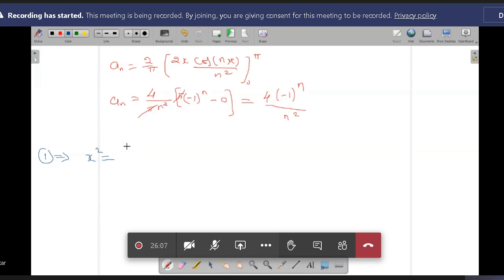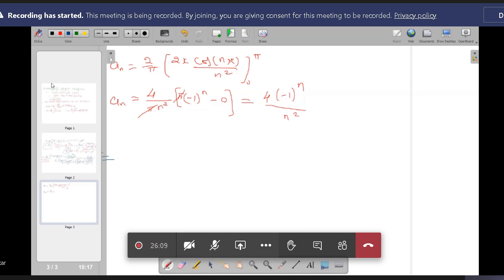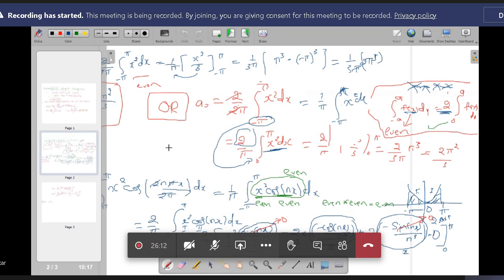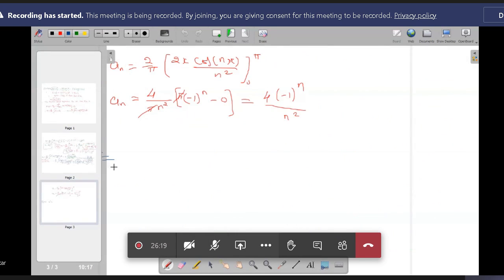What we got: a naught is 2 pi square by 3, into 1 by 2 because a naught by 2 is there, plus summation n from 1 to infinity, an is 4 by n square into minus 1 power n, cos 2n pi x by t.